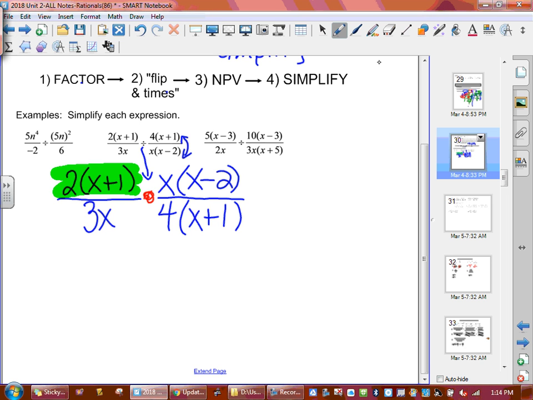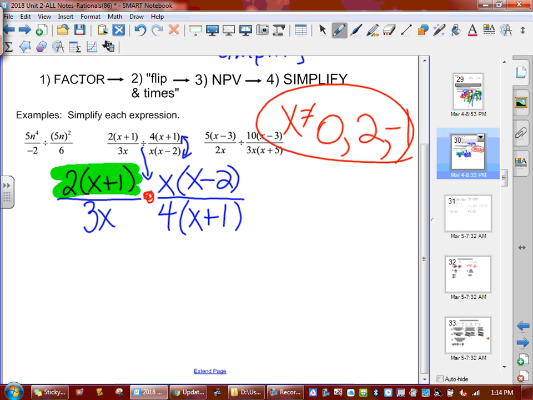So far I've got 0, 2. What about this guy? -1. Good. So here's our non-permissibles. X cannot be these. Right there. Okay? So non-permissibles are done. We've reciprocated and flipped it. Now we need to simplify. So what can I wipe off right away?